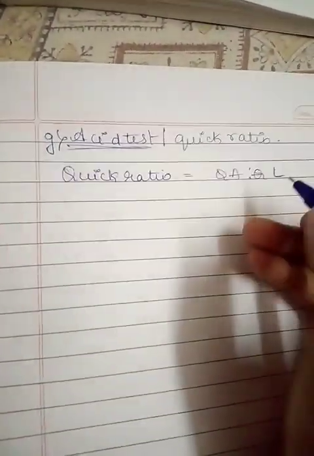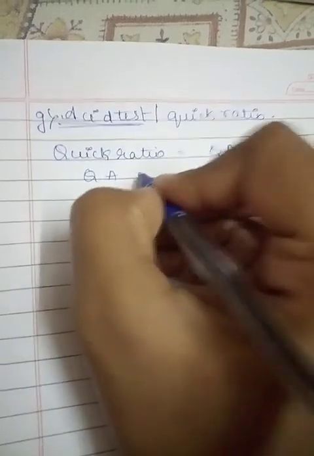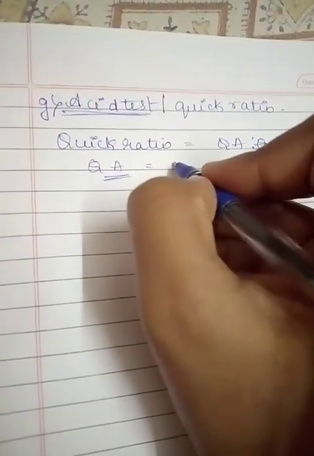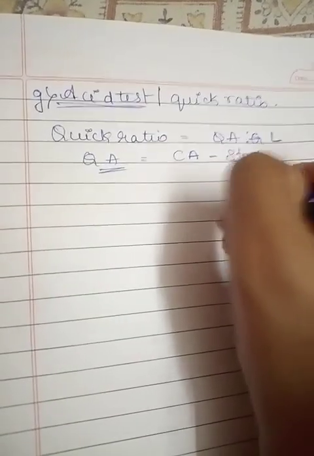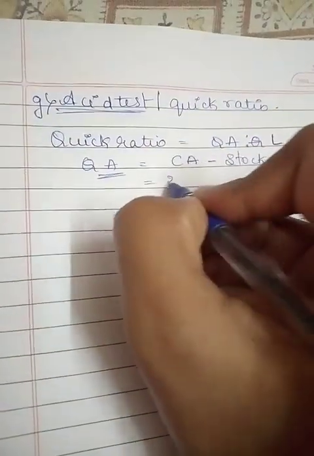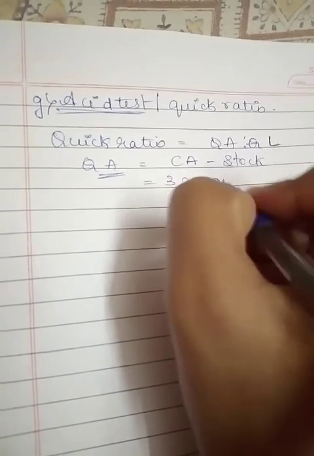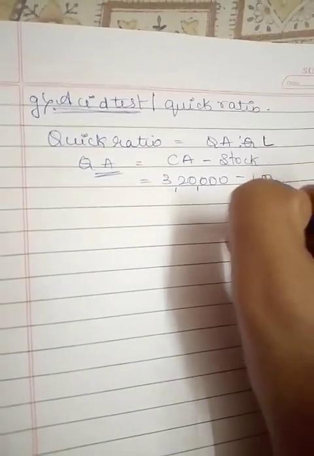So how do you compute the quick assets? It considers all the current assets except the stock. So there is 3,20,000 minus 1 lakh, which is the stock.